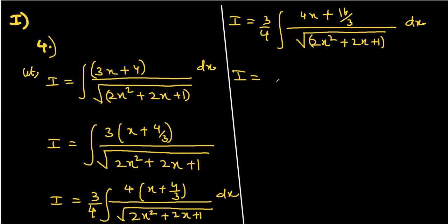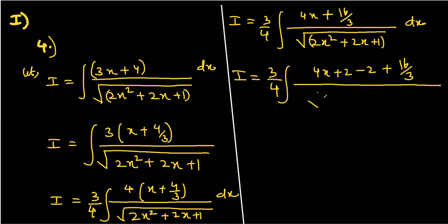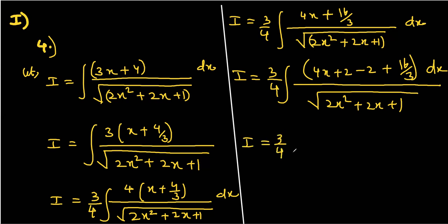So you will write I equals to 3 over 4, and you will write 4x plus 2 minus 2 plus 16 over 3, and the denominator, as you know, it is unchanged. So 2x square plus 2x plus 1. Okay, you get I equals to 3 by 4, and this is 4x plus 2, and as I told you, always take plus sign.